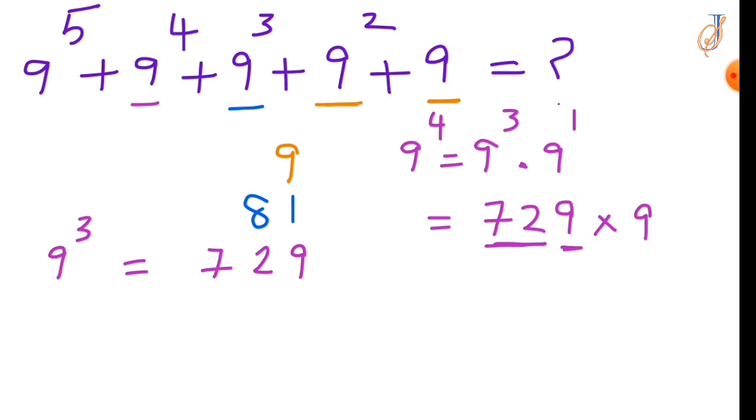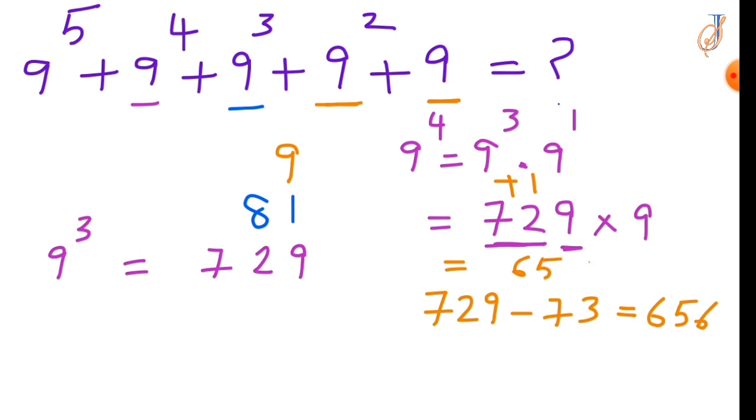We split into 2 digits. For the two digits, how do you multiply by 9? First you add 1. That means for 72, if you add 1, you will get 73. This 73 you subtract from the whole number, which is 729. Then you will get 656. Just write 656. Now you have the next number 9. For this 9 you do minus 1.